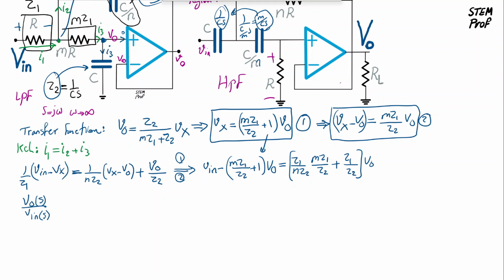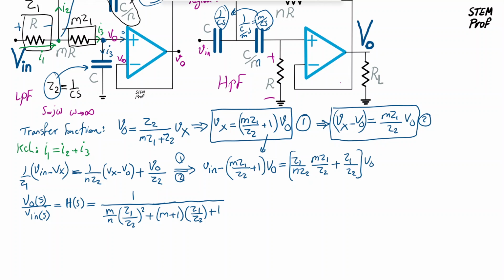So these are S domain functions, and basically this is the H of S, or voltage transfer function for this filter, is equal to 1 over, so what we get if we just reshuffle everything around and move this part to the other side, factor Vout, and then it becomes 1 over M over N Z1 over Z2 squared plus M plus 1 Z1 over Z2 and plus 1.